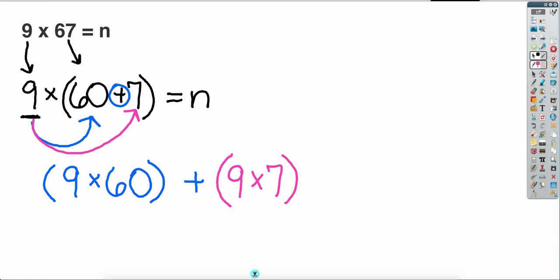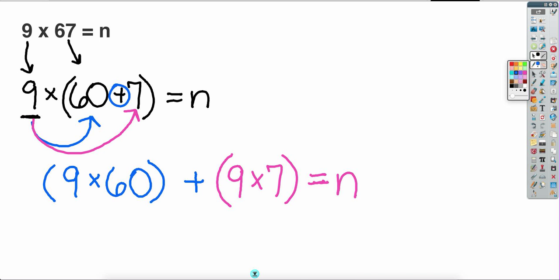So now I must solve. I am solving for n, right? So I have to go back and do my partial products. What I mean by partial products is that it's a part of a product. I don't have my final answer, so I have to do one product or one part at a time.